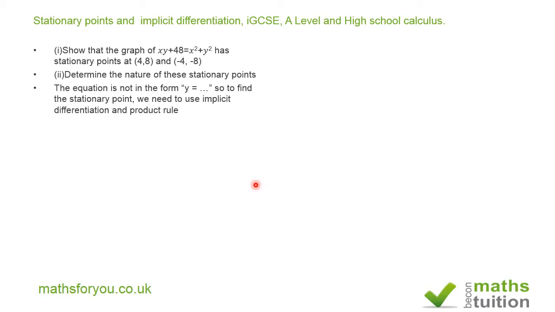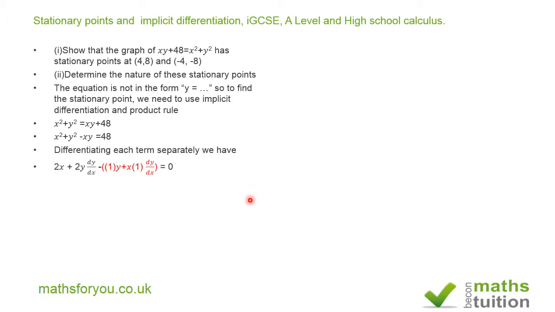Now, if I copy down my equation again, x squared plus y squared is equal to xy plus 48. If we then subtract xy from both sides, we end up with x squared plus y squared minus xy is equal to 48. We can now differentiate with respect to x. So x squared becomes 2x and y squared becomes 2y dy/dx.